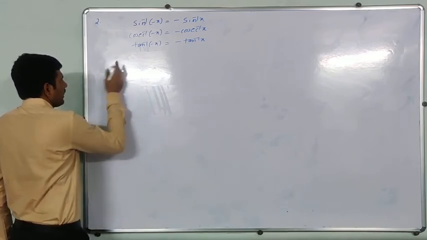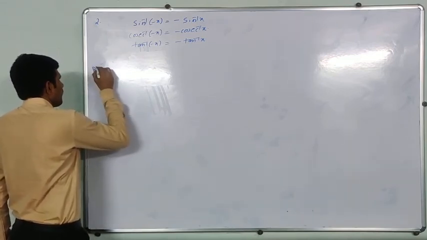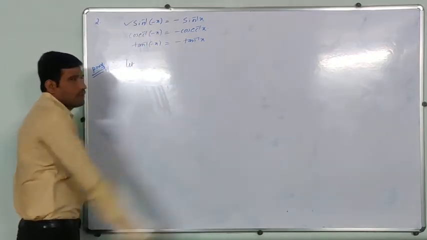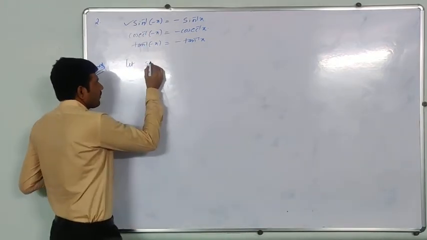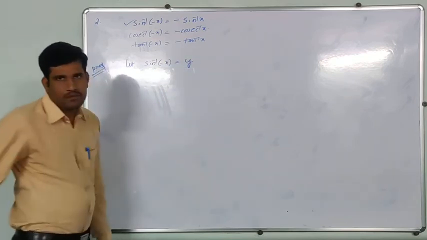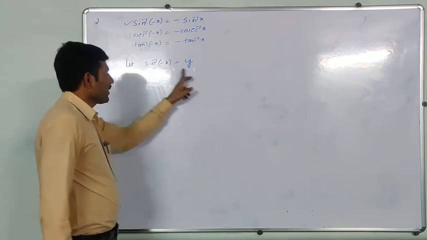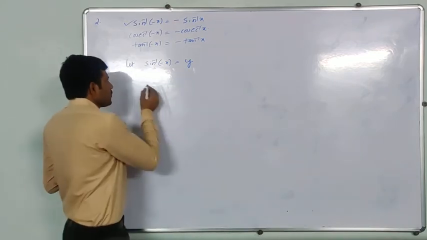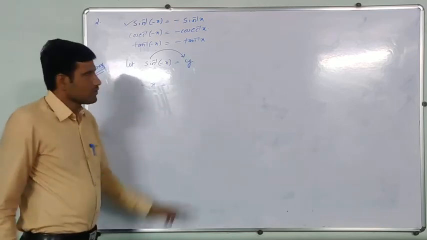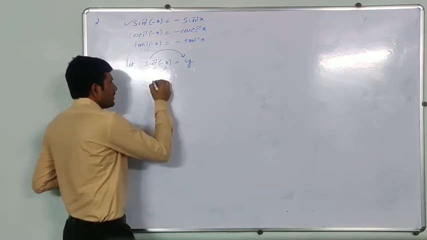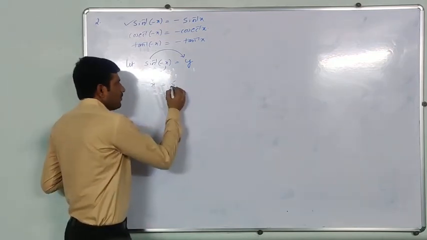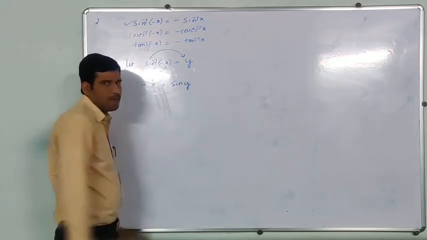So let us see the proof. Let me do this one first. Let sin inverse of minus x be y. Then what is minus x? Take the sin on the right hand side, so minus x is sin y.